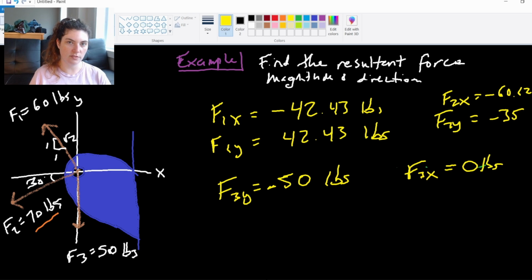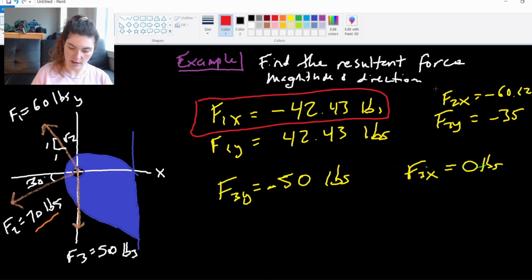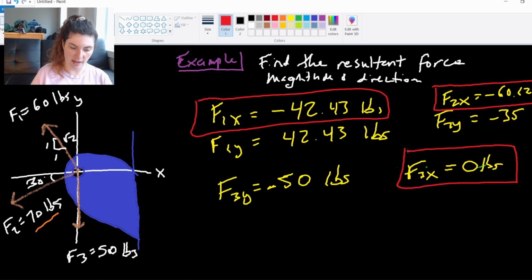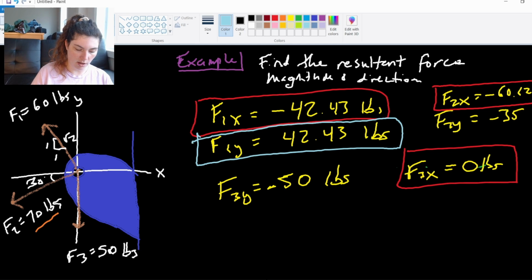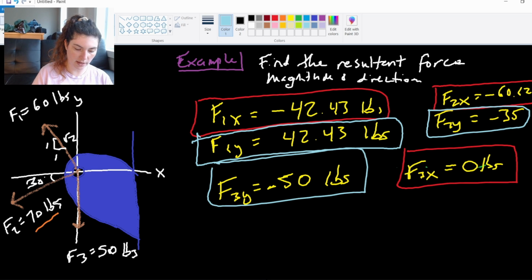Now that we have all of these components, we can combine them together. So we'll add all of our X values, our F1X plus our F2X plus our F3X. And then all of our Y components, F1Y, F2Y, and F3Y.